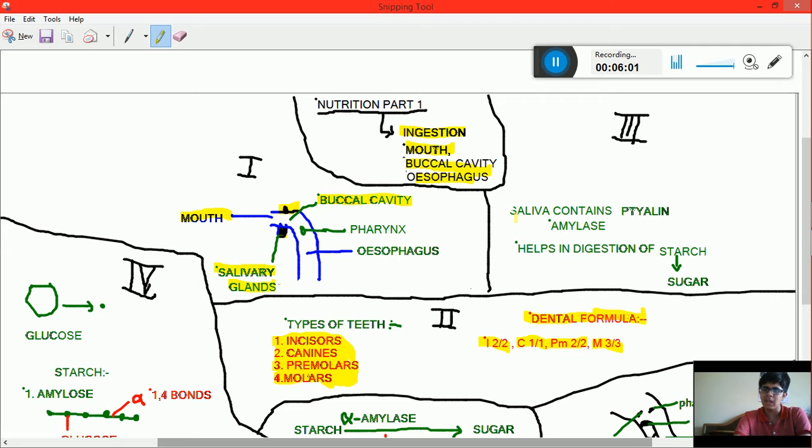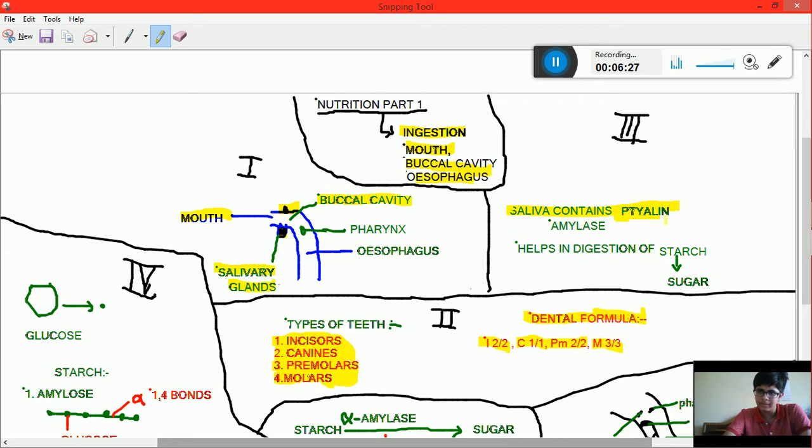What is saliva? Saliva is a special kind of liquid that contains mucus and some enzymes. It is secreted by the salivary glands present under and above the buccal cavity. So what does saliva contain? Basically, saliva contains a substance called ptyalin. It is ptyalin, but the P is silent, so ptyalin only.